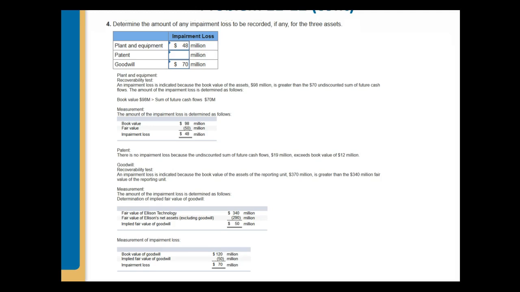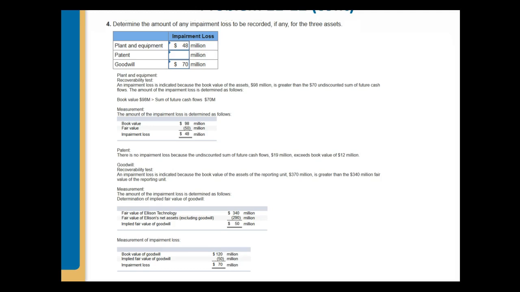Next, with goodwill, an impairment loss is indicated because the book value of the assets of the reporting unit, $370 million, is greater than the $340 million fair value of the reporting unit.